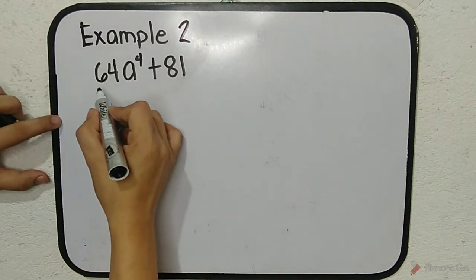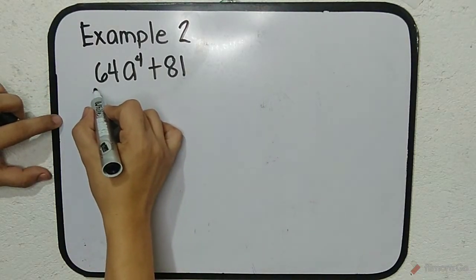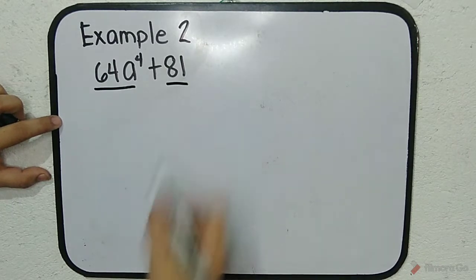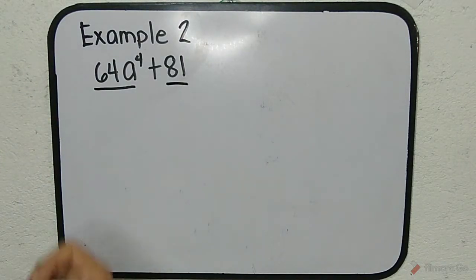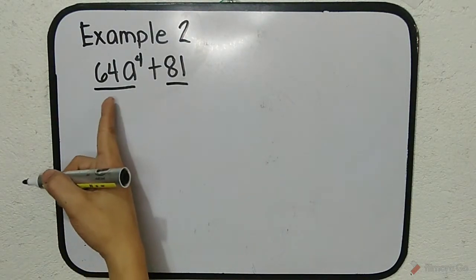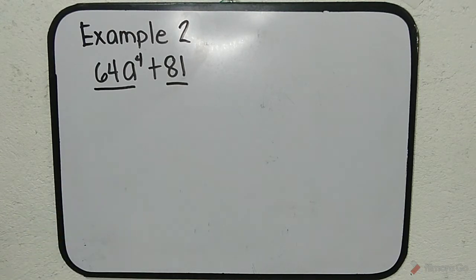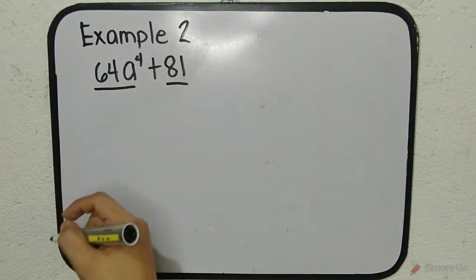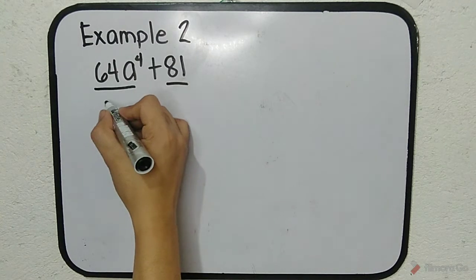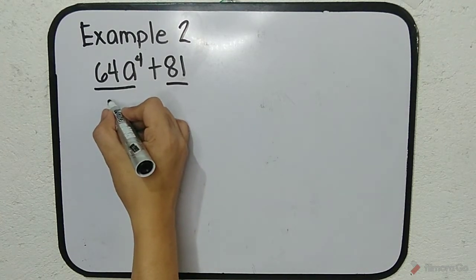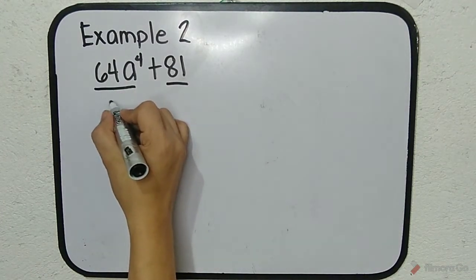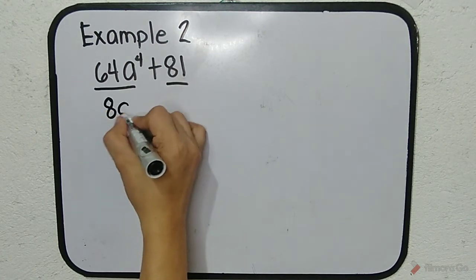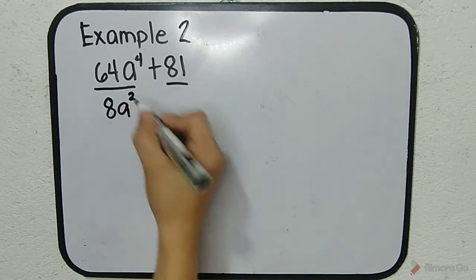So we have 64a to the fourth and 81. Kukunin ulit natin ang square root ng 64a to the fourth. So what is the square root of 64a to the fourth? 8a squared.